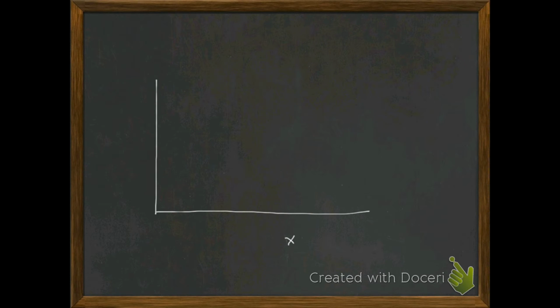Let's look at x and p on the horizontal. The supply line is going to look like this, because producers are going to be willing to produce more units at a higher price.